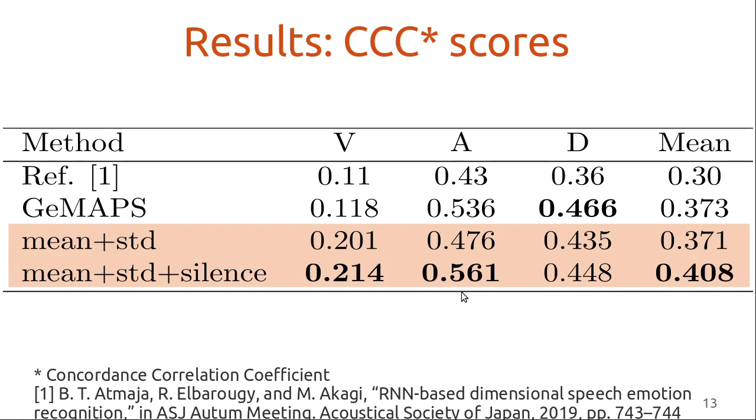The difference is 0.1, while the others are 0.01 in valence and dominance. So this result suggests that there is an effect from the addition of silence to this specific acoustic feature set, that is, the silent feature improved the performance of dimensional speech emotion recognition, particularly on arousal.